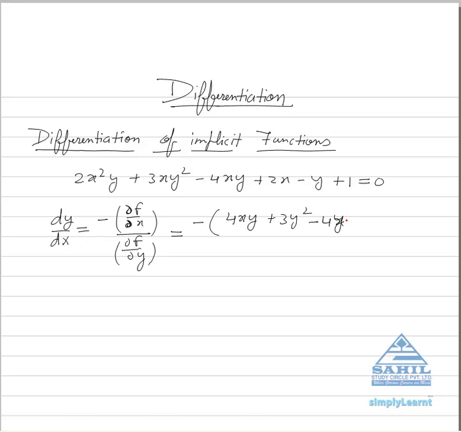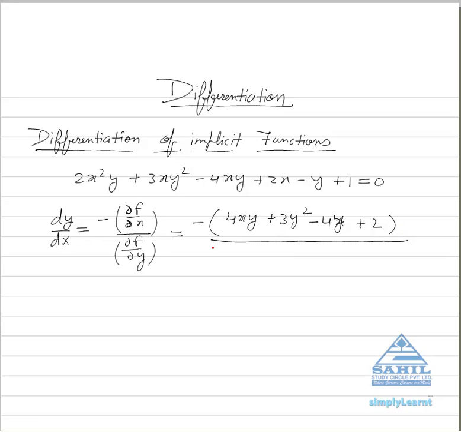I'm sorry, it is minus 4y plus 2. Now differentiation of minus y will become 0 because that is a constant, and differentiation of 1 will also become 0, whole upon. Now we have to differentiate the function with respect to y, keeping x as a constant.